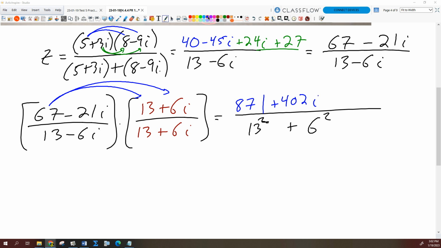If I distribute negative 21i, that's going to give me, what, 130 plus another, what is it?